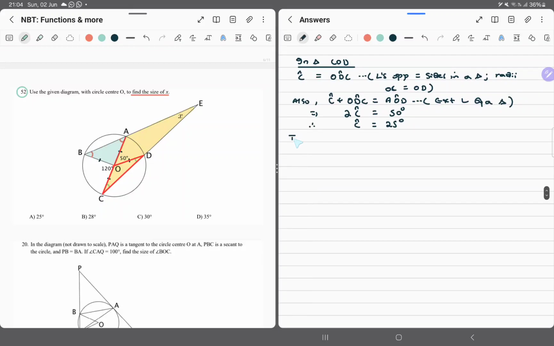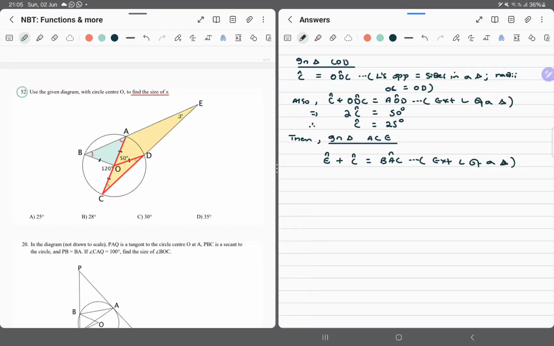We can say then in triangle ACE, what is going on in that triangle? We understand that basically angle E plus angle C should be equal to angle BAC. That's the exterior angle of a triangle.